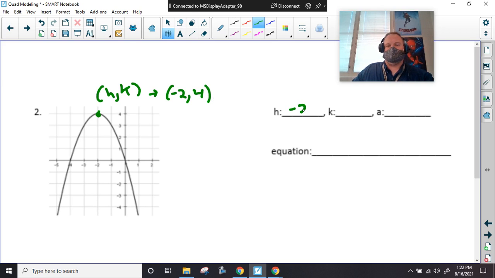So our H is -2, our K is 4. Think about it this way. Notice I'm always going to the right on this because that's how we read, from left to right. So if this is at 4, I go from 4 to 3. What happened?